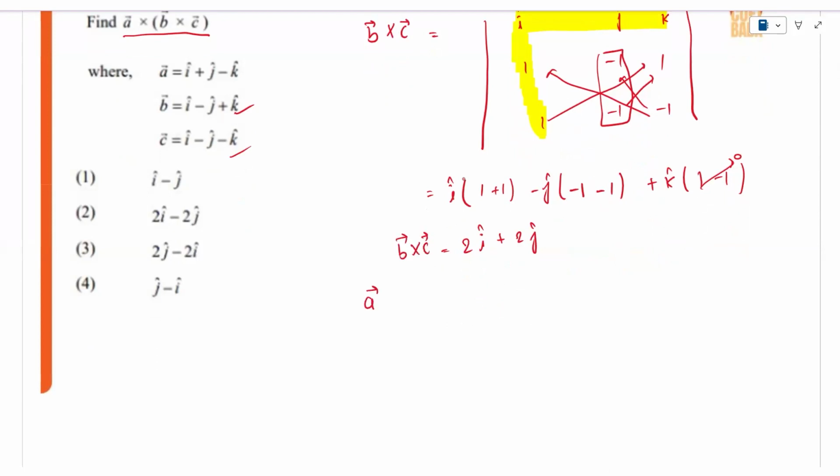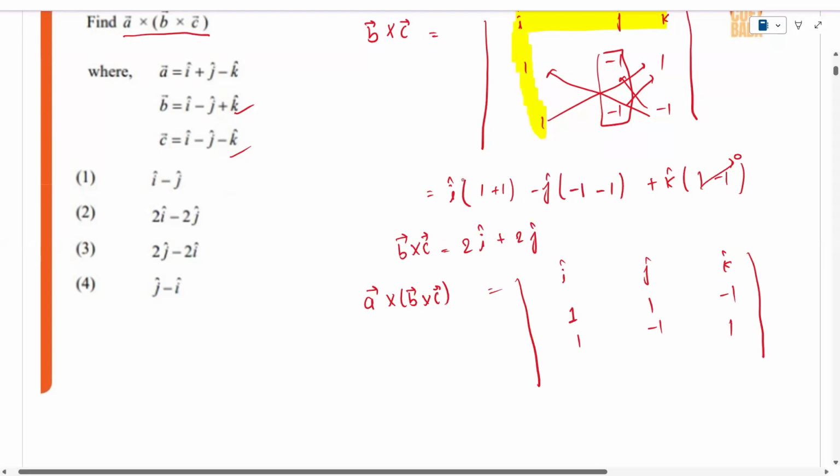And what is A cross B cross C? So we will again do I cap, J cap, K cap, right? And then for A vector, we will do 1, 1, minus 1. For B vector, 1, minus 1, 1.